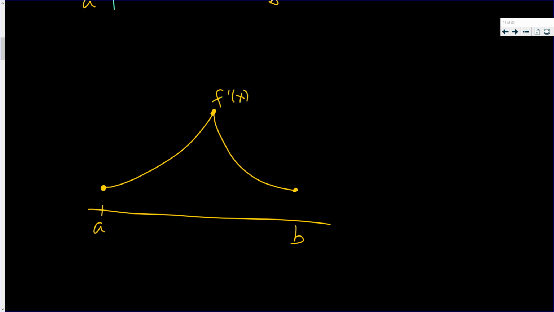But f prime of x, it being a corner point, f prime of x doesn't exist there. That is, if this were C, I guess it would be more correct to say that f prime of C doesn't exist. But it's the max.